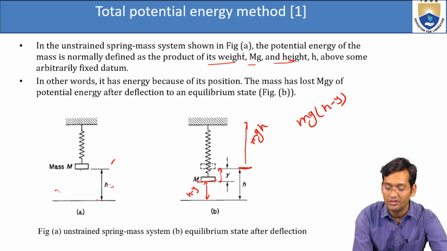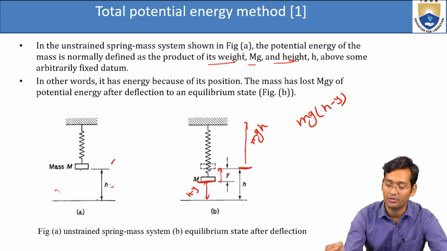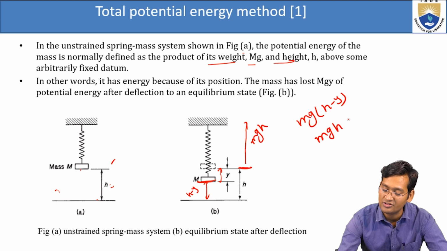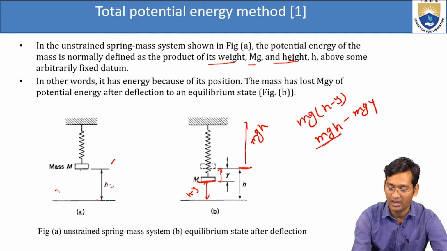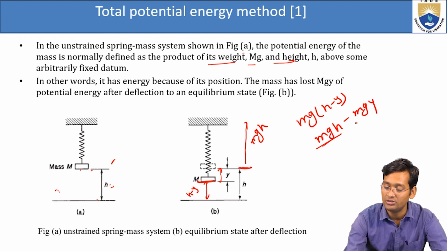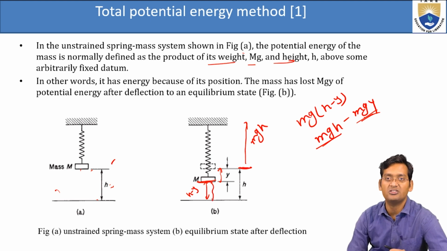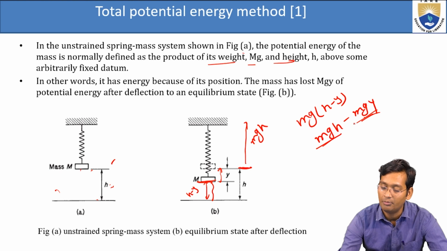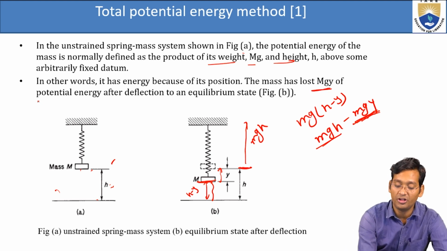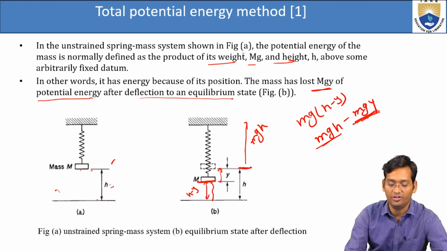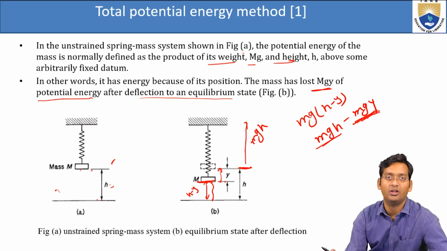Expanding this, it is mgh minus mgy. Initially, at this point without deflection, it had mgh, and now it has lost mgy. By what amount has it decreased? By mgy. So the mass has lost mgy of potential energy after deflection to the equilibrium state. From the equilibrium state, once it is deflected by distance y, it loses mgy potential energy.